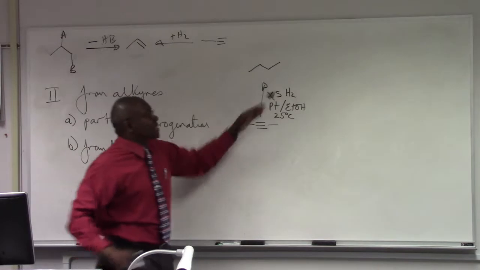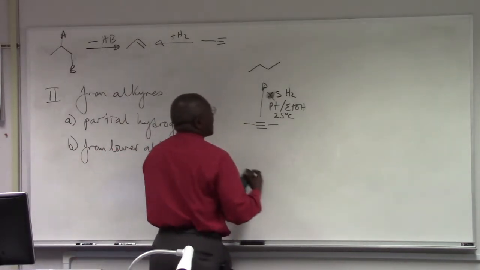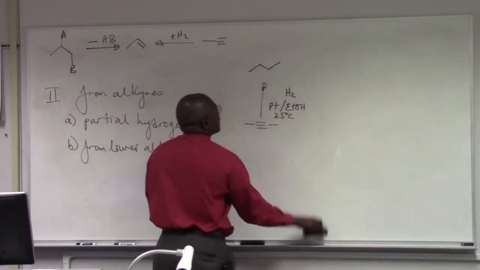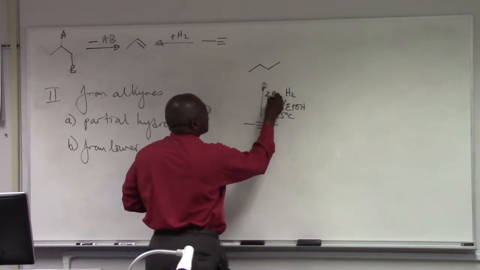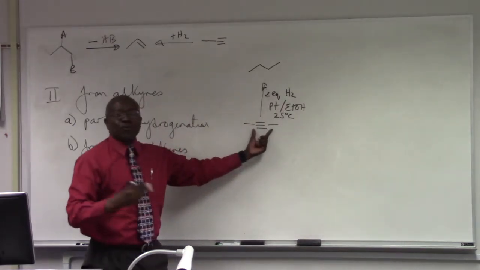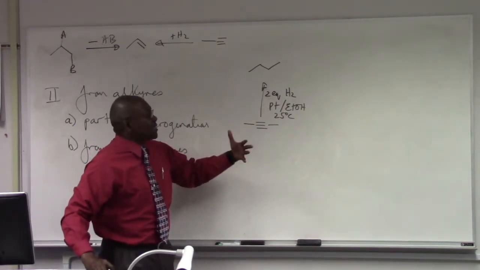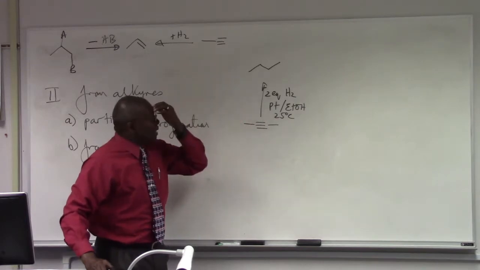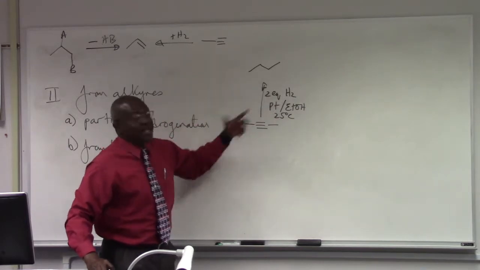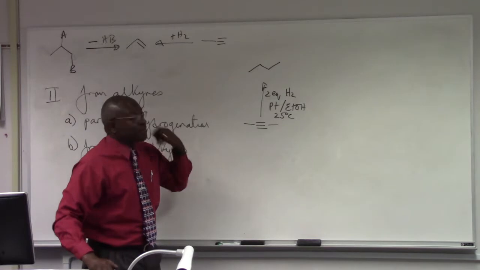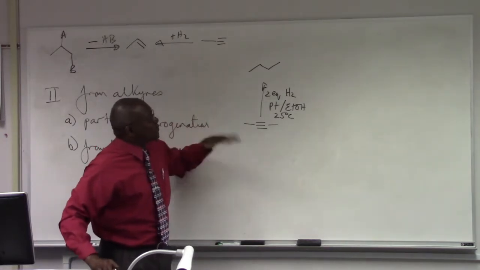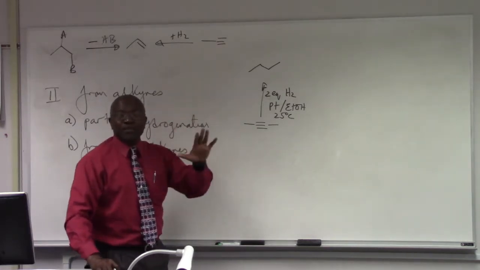Technically, I can either say excess hydrogen gas, or I can simply say 2 equivalents of hydrogen gas. Right? One equivalent will saturate one pi bond, the second equivalent saturates the second pi bond. If I use these conditions, because platinum is actually pretty impressive catalyst, that will drive the reaction to completion, and that's complete hydrogenation.